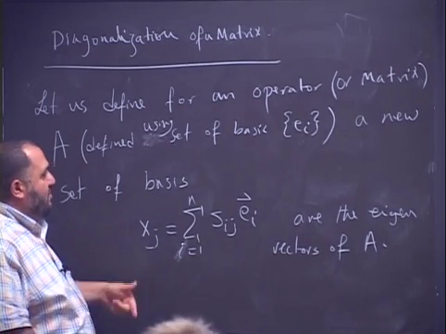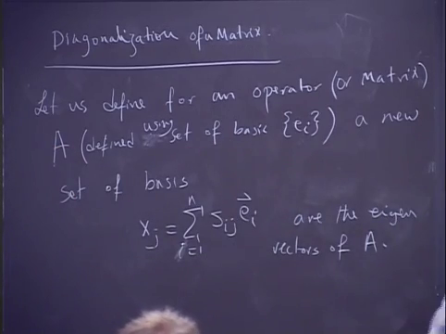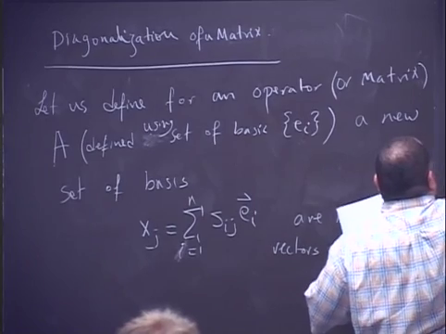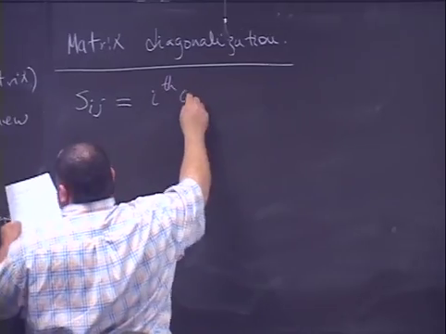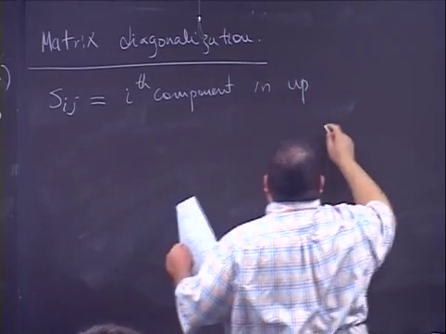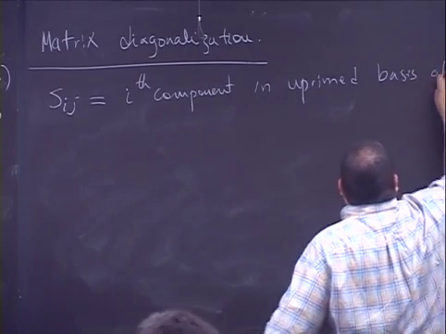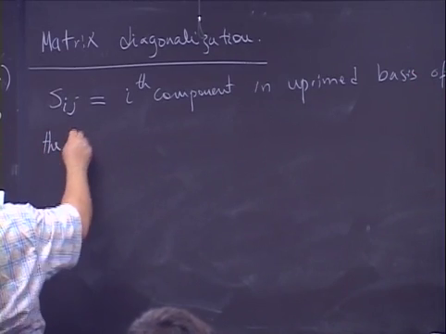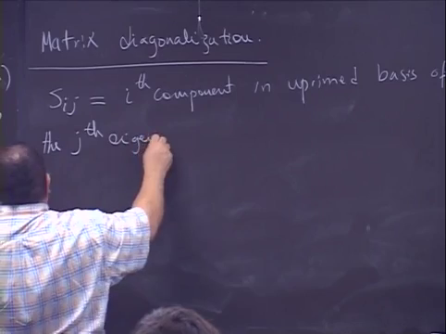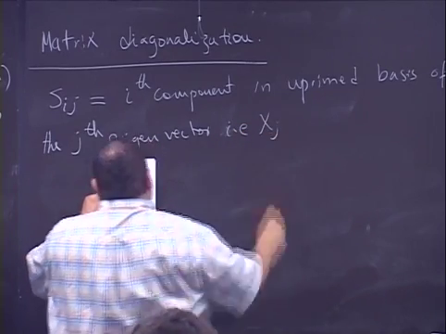So the eigenvectors will form the new basis for the operator A or the matrix A. And the matrix S_ij is the transformation matrix, and it is the ith component in the unprimed basis, the E_i basis, of the jth eigenvector, x_j.